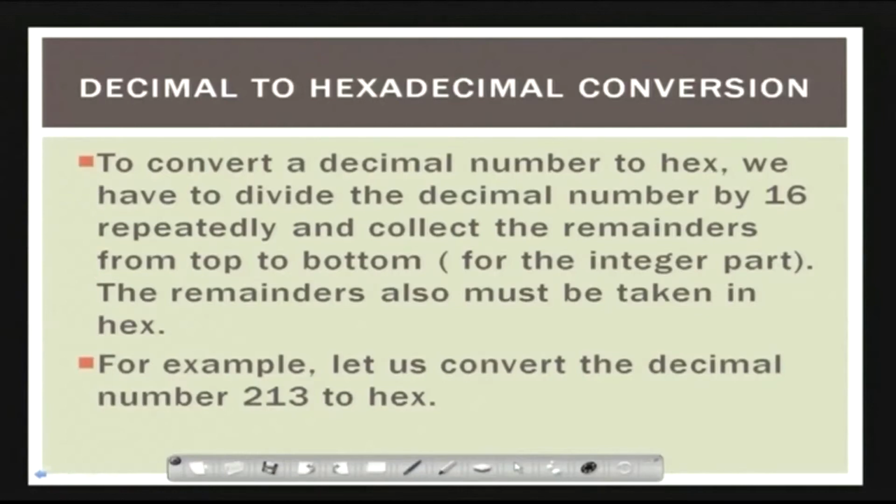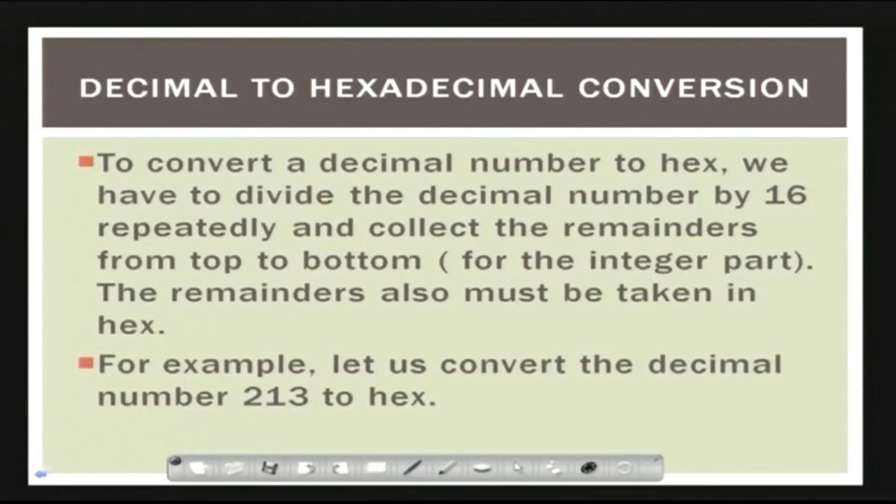To convert a decimal to a hexadecimal number, we have to divide the number by 16 repeatedly and collect the remainders separately. The remainders taken from top to bottom will give you the answer in hexadecimal form.